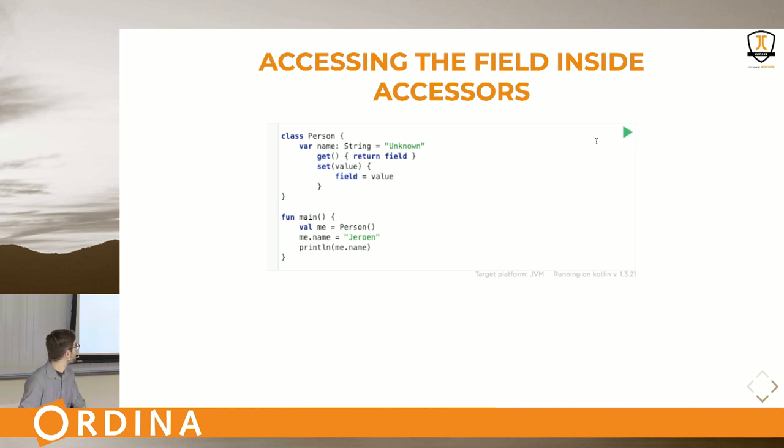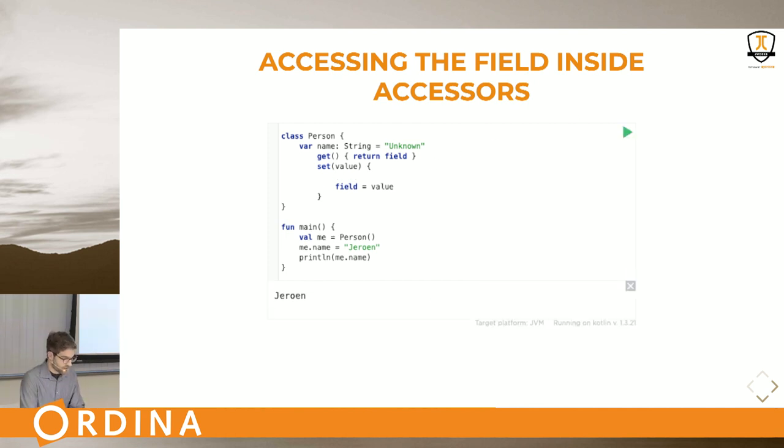So if we then create a person, me, named Jeroen, and we print my name, it should still print Jeroen, but then we can do stuff like print a change of the old value to the new value and make it clear what change just happened. So let's say print "changing from", and then this should be string interpolation.